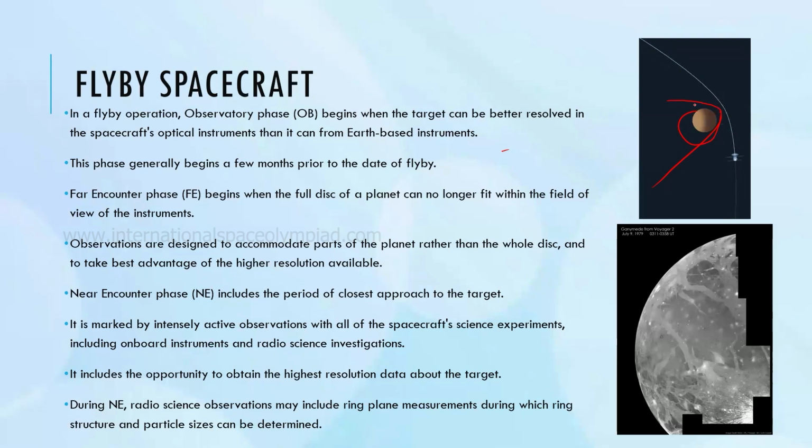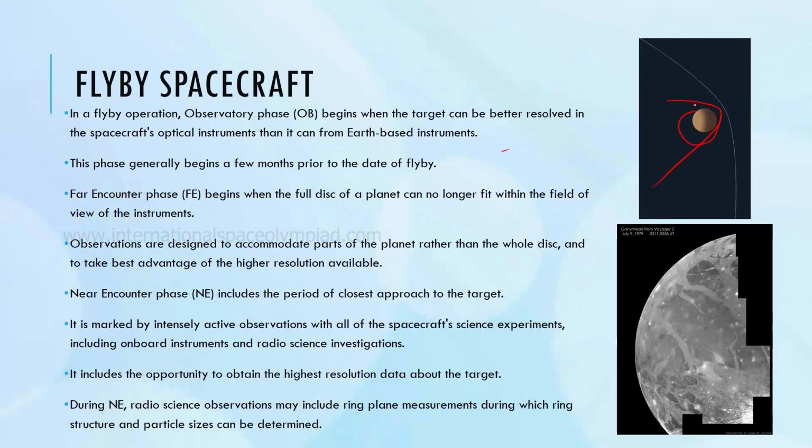When we learn about orbiters, we will learn that usually we slow down the spacecraft so that the planet's gravity can capture it. Capture in the sense that it is not falling onto the surface.